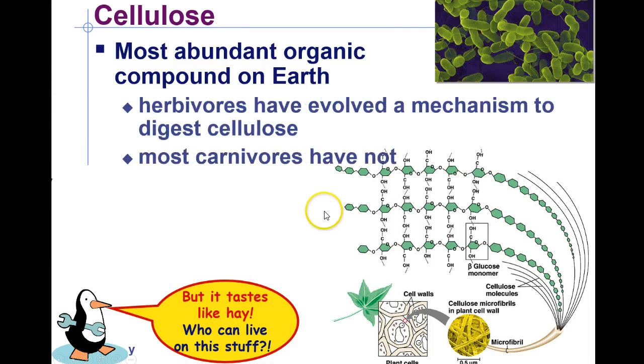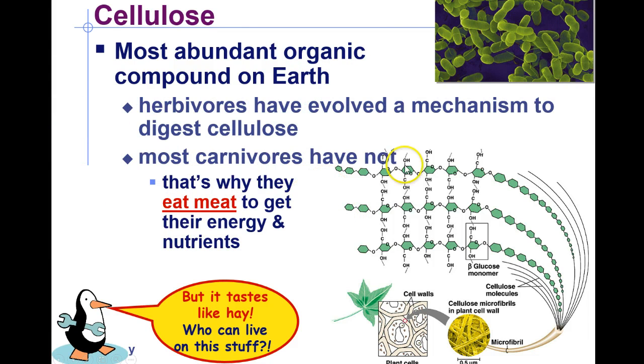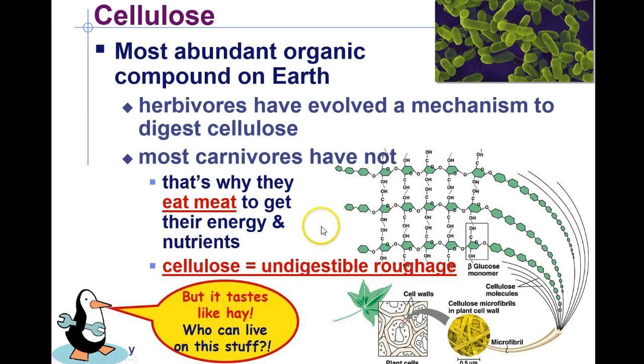Herbivores have evolved quite the system in order to digest it. It involves having a lot of bacteria and many chambers to their digestive system, and even having to regurgitate and re-chew. That's how tough cellulose is to digest.